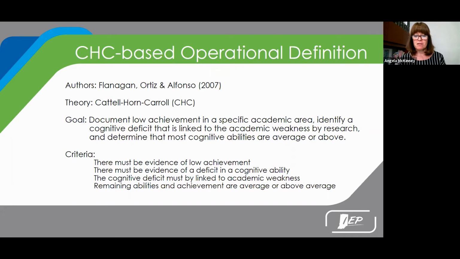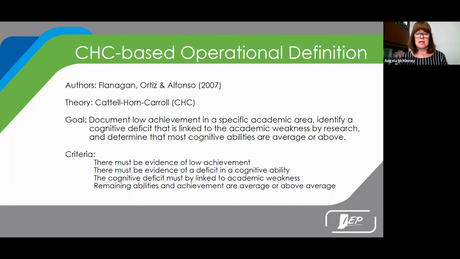Now, there's a little bit of factoring out the area of weakness, because I could be stellar in all of my cognitive processing skills and have a super significant area of weakness that might bring the other areas down. Like when we look at a full scale score for a kid and go, whoa, that doesn't make any sense.